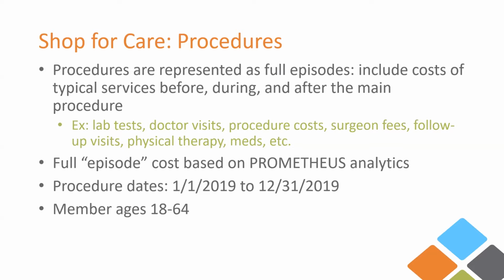So that colonoscopy includes a visit with the doctor first to determine that you needed the colonoscopy. Then you have to do some prep work for the test. And then you have the test, and the test includes the test itself, but then they sedate you, and then the follow-up of the visit, the interpretation of the test. All those costs that are included in the colonoscopy are included in the prices that are included in the Shop for Care tool.